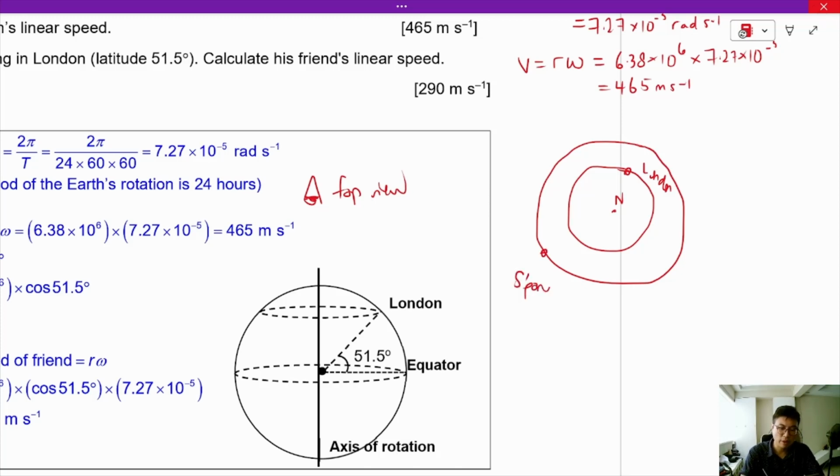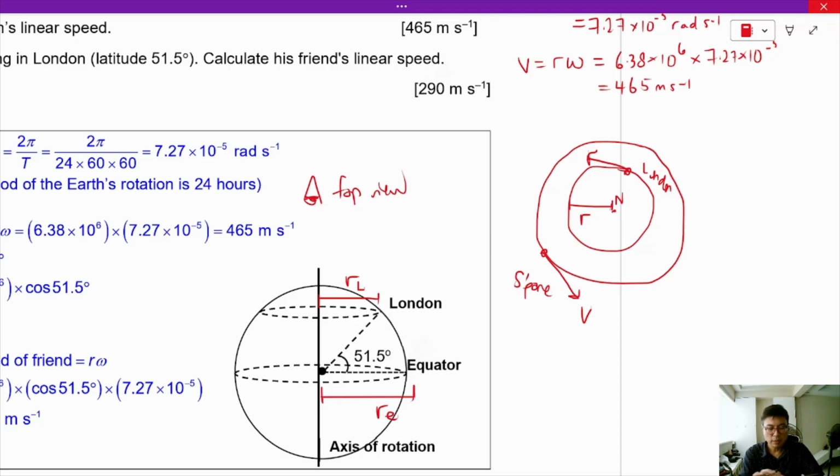Singapore is somewhere over here. So Singapore is moving with a very high linear velocity. London is moving with a bit of a lesser linear velocity. The reason is because the radius of rotation around the Earth's axis for London is a lot smaller than the radius of the Earth's rotation at the equator. So this is R equator, this is R London.